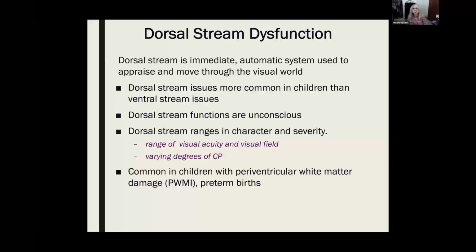Dorsal stream ranges in character and severity. So people with dorsal stream issues can have a range of visual acuity and visual field. And it's also found with varying degrees of cerebral palsy. It's very common in children with periventricular white matter damage and preterm births.